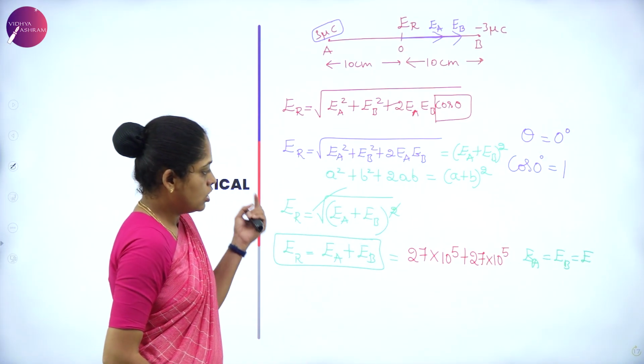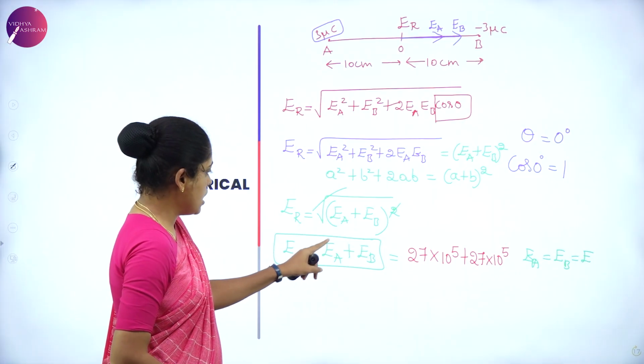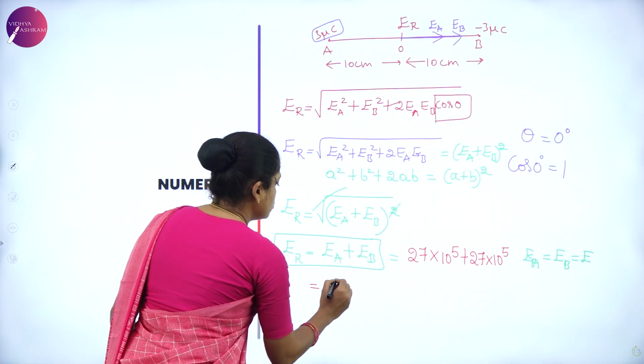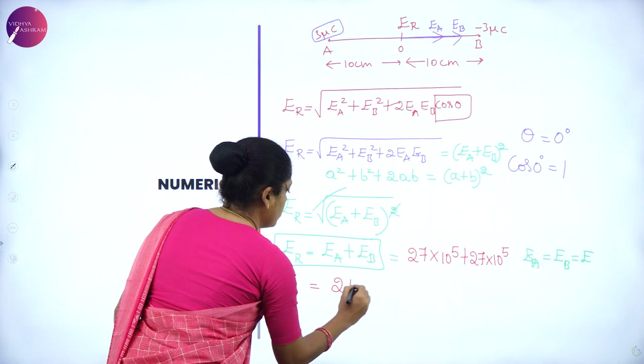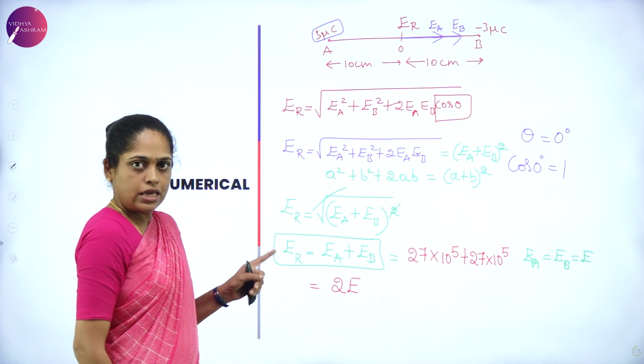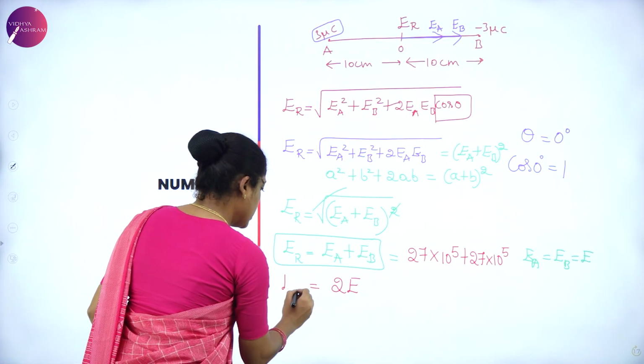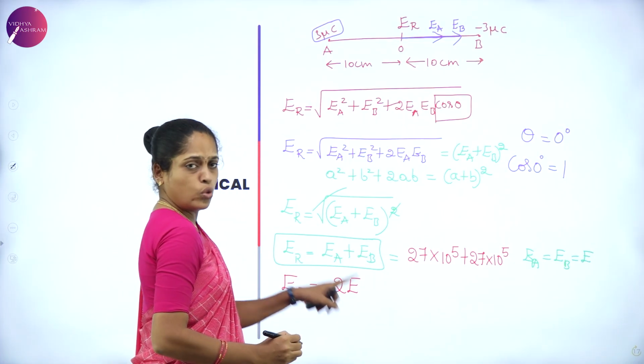Or else you can write EA plus EB is equal to E, so you get 2E. As EA and EB are equal to E, you can write ER is equal to 2E.